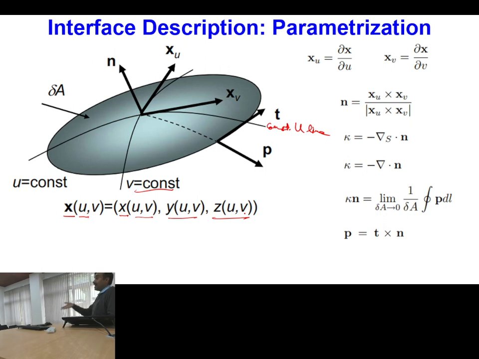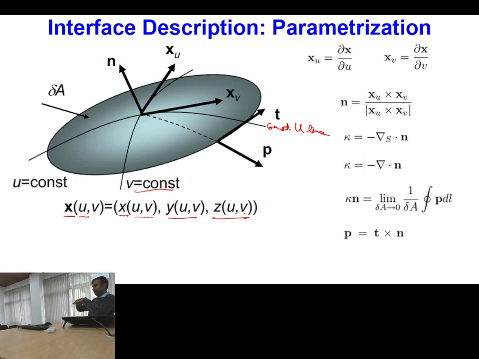Okay. When we have a three-dimensional space, we will be requiring how many parameters? 3 parameters to quantify the interface. Okay. We will be requiring 3 coordinates. But how many parameters? Only 2 parameters, because the interface is nothing but a surface.